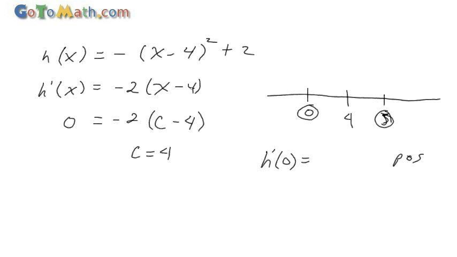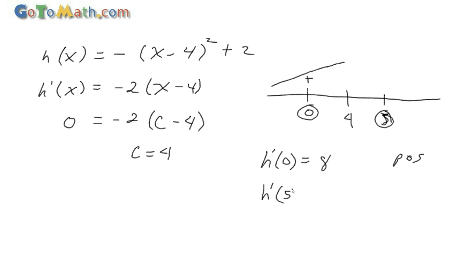Let's see, so that'd be negative 2 times negative 4 is 8. Right, so that's positive. So we know the graph is increasing from negative infinity up to 4, but not including 4. Graph is increasing.